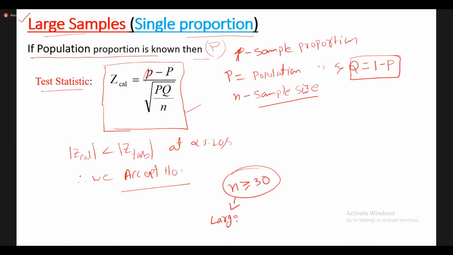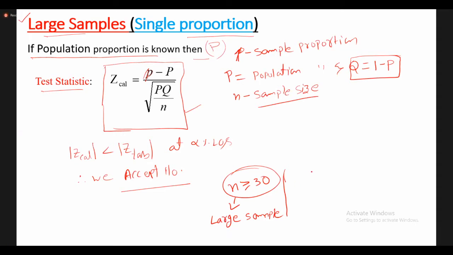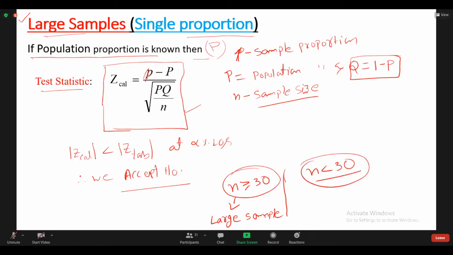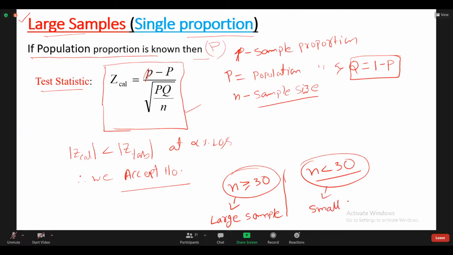If the sample size is less than 30, it is called a small sample.